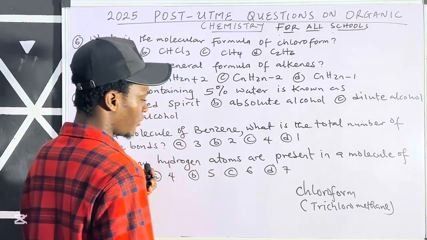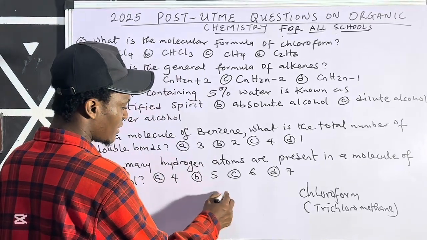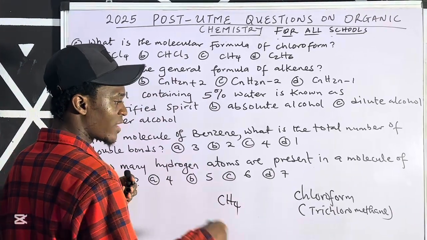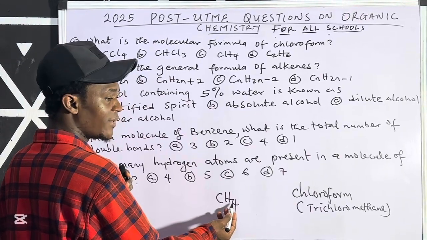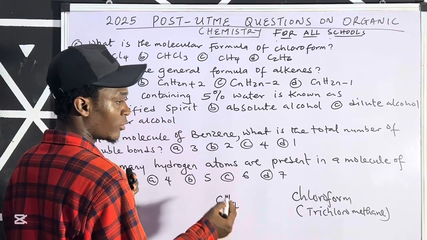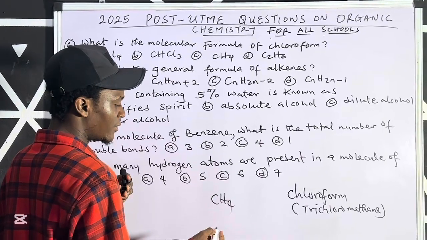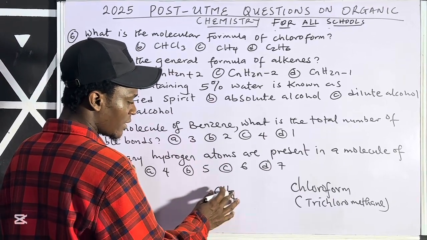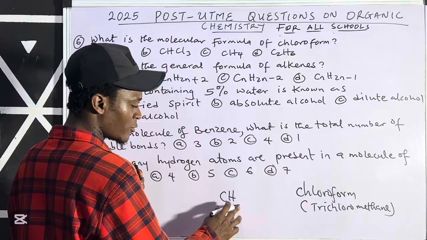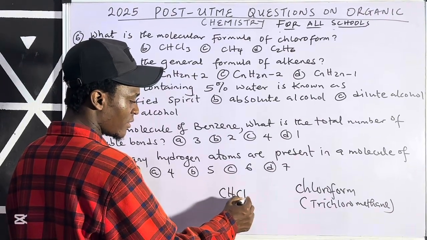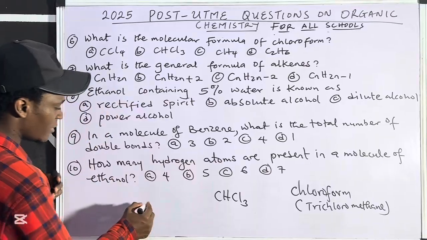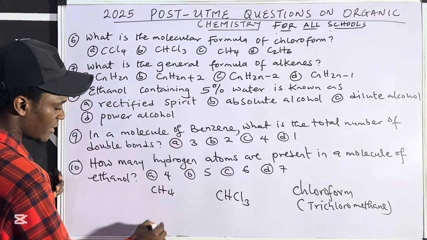Now, it has a formula. What's methane? The formula of methane is CH4. So if I say trichloromethane, it means that I've replaced 3 of the H with Cl, because chloro stands for Cl. I'll be left with just 1 H. So replacing 3 with Cl should give CHCl3. Or I can explain using CH4 again, methane.